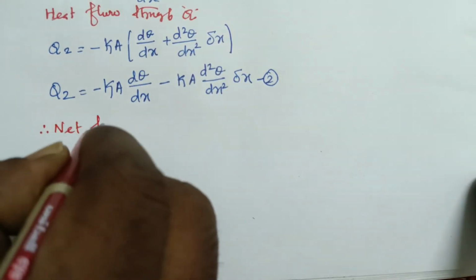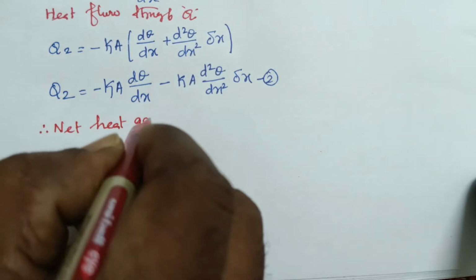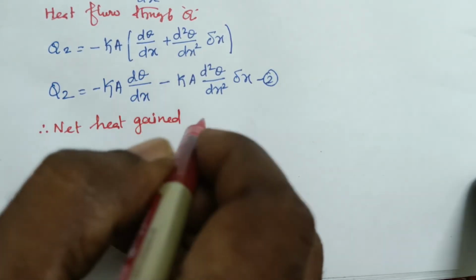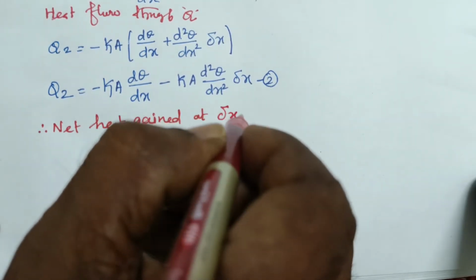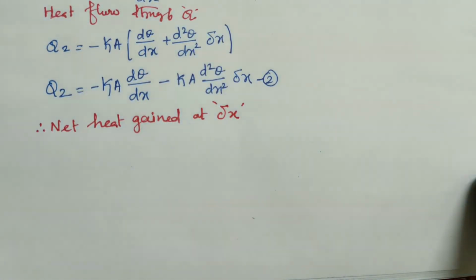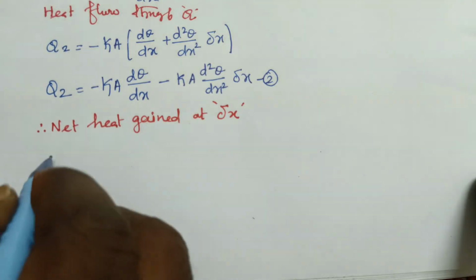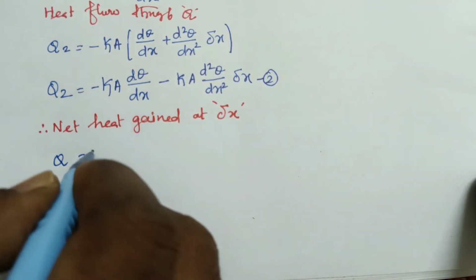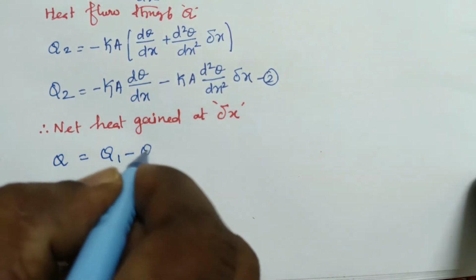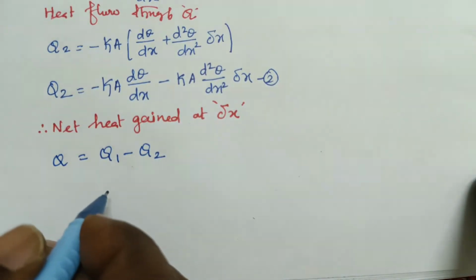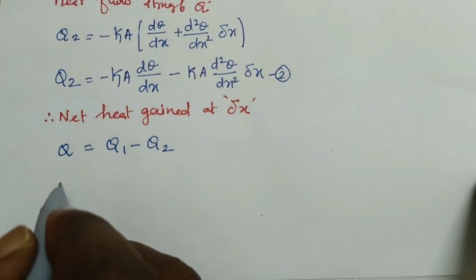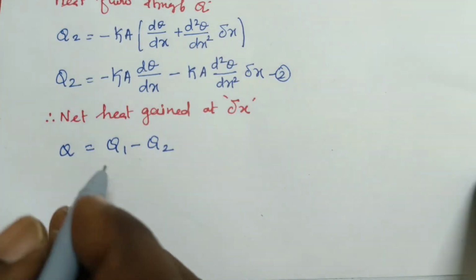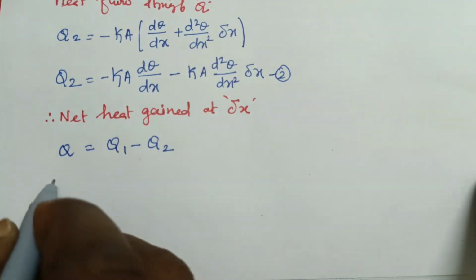Net heat gained at del x என்ற area வில் எவ்வளோ heat gain ஆகிருக்கு, which means Q is equal to Q1 minus Q2. Already we know the values Q1 and Q2, that is equations 1 and 2.